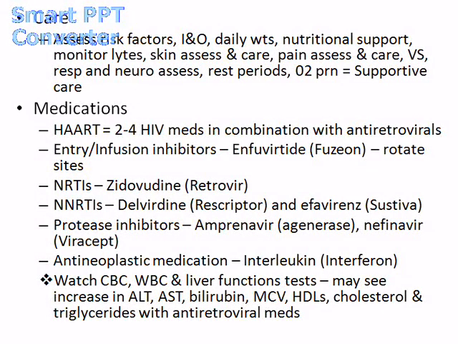Nucleoside reverse transcriptase inhibitors, which is NRTIs. Retrovir is an example of one, and that interferes with the virus's ability to convert RNA to DNA. The non-nucleoside reverse transcriptase inhibitors, that's the NNRTIs, Rescriptor and Sustiva, they inhibit the viral replication, to have the virus replicate within the cell.